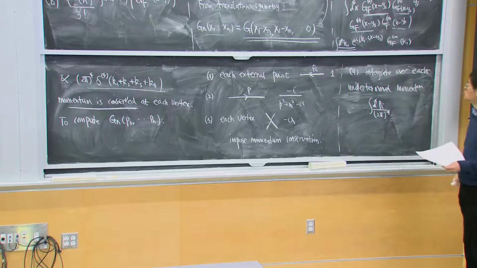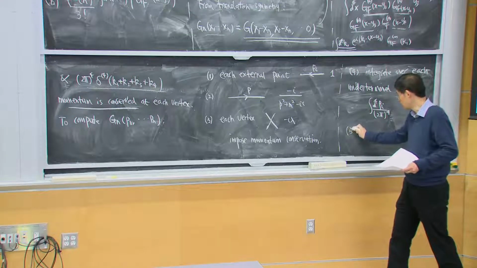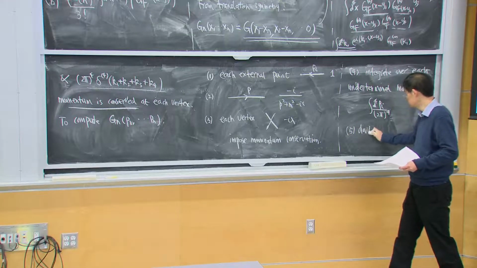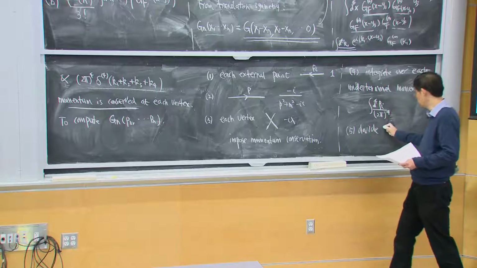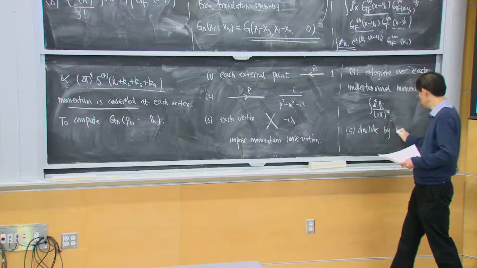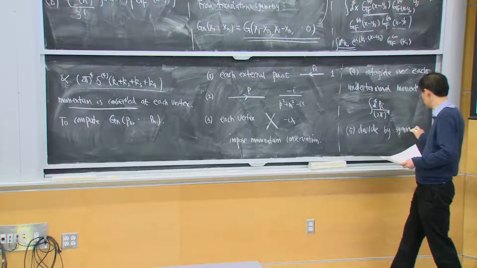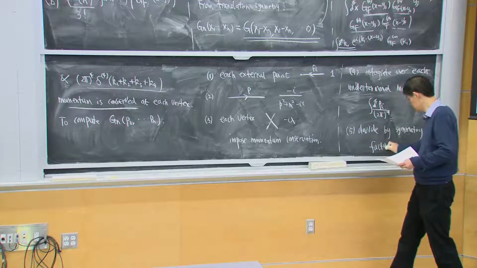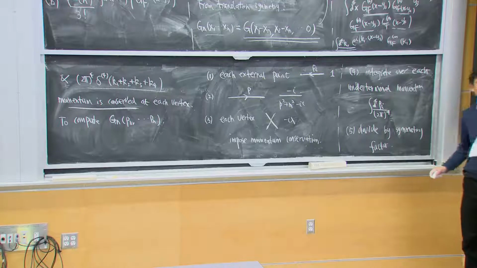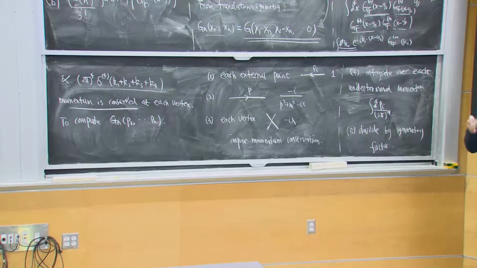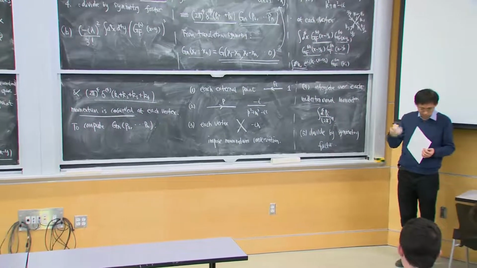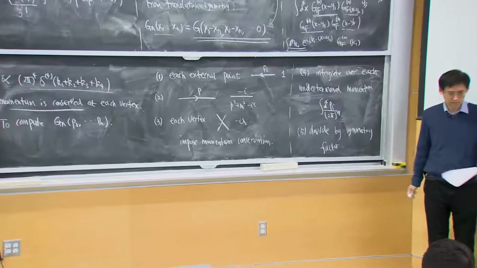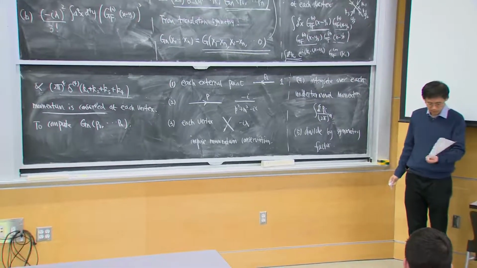And then you need to divide by the symmetry factor. The symmetry factor is the same in coordinate or in momentum space. So this is the way in which you can write down the momentum space expression for each diagram.